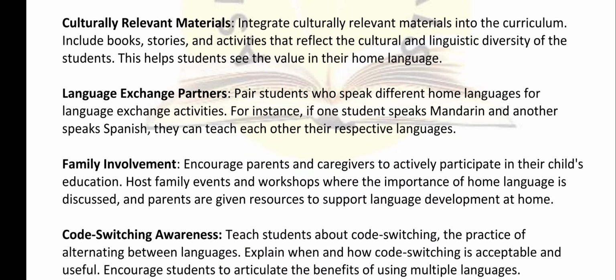Culturally relevant materials. Integrate culturally relevant materials into the curriculum. Include books, stories, and activities that reflect the cultural and linguistic diversity of the students. This helps students see the value in their home language. Now you see, when we are at school, we learn Garo, we learn Khasi. So the stories in our textbooks are local stories, right?